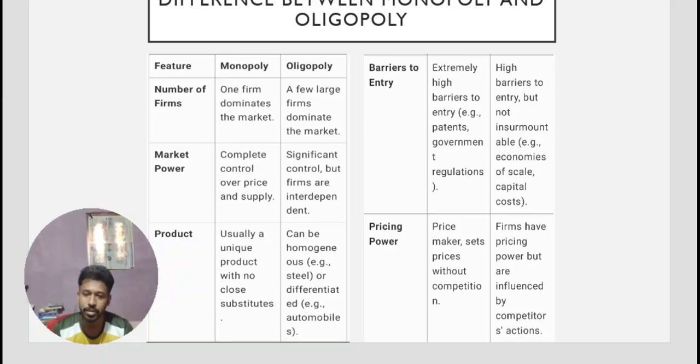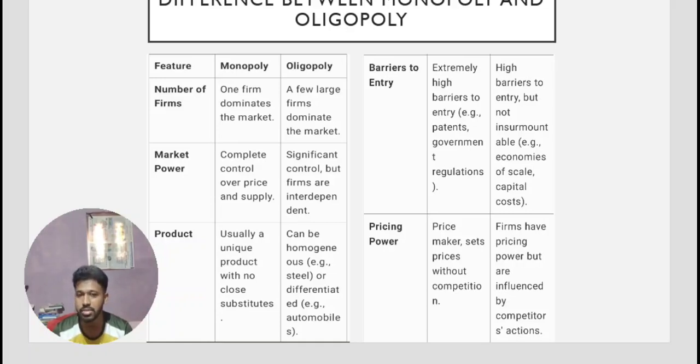Competition: in monopoly, there is no competition, and in oligopoly, there is limited competition among a few firms with potential for collusion. Demand curve: a monopoly faces the market demand curve, which is downward sloping, and in oligopoly, each firm faces a kinked demand curve where pricing decisions depend on competitors' reactions.